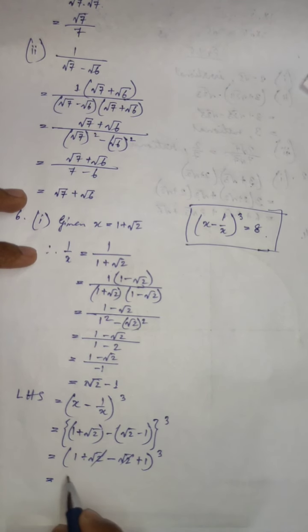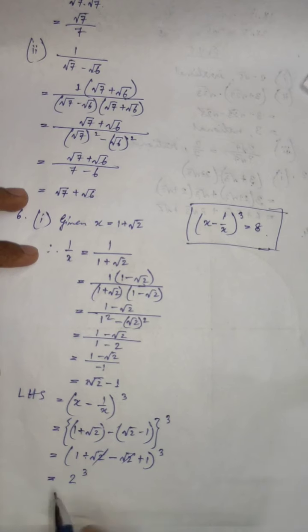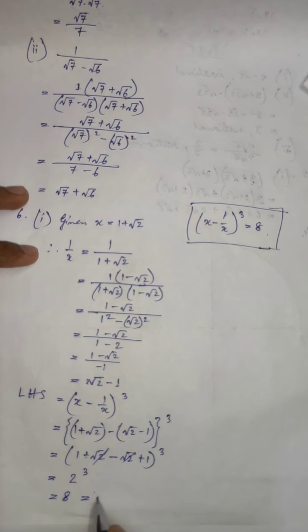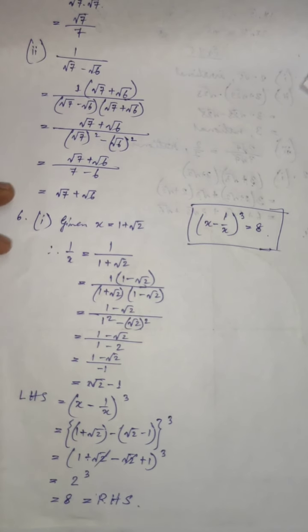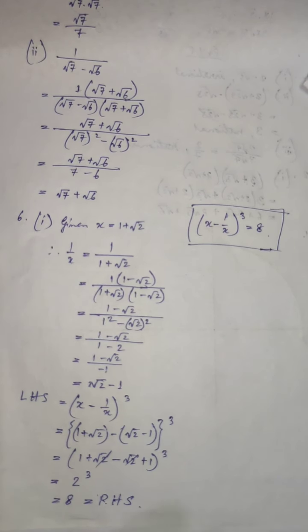Square both will be cancelled. 1 plus 1 is 2, into 8. So this is RHS. See, this has been shown.